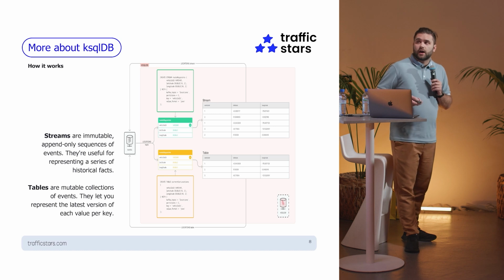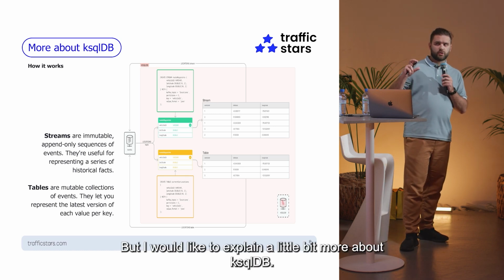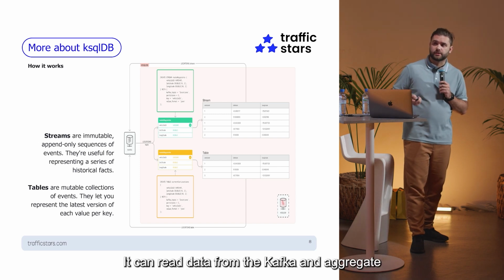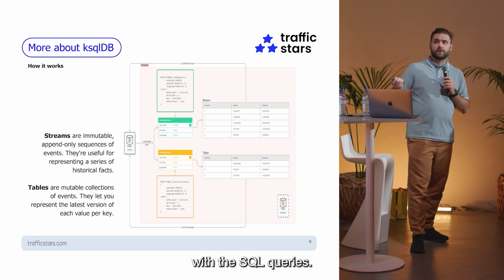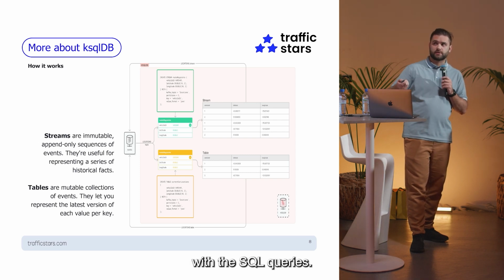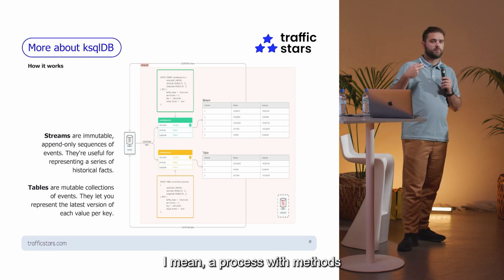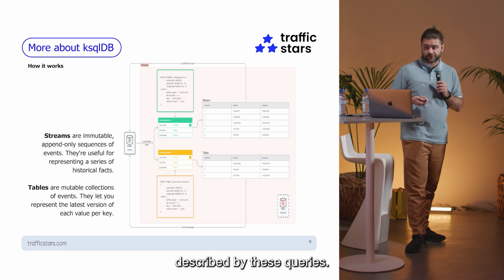But I would like to explain a little bit more about ksqlDB. It can read data from Kafka and aggregate it with SQL queries. I mean, process it with methods described by these queries.